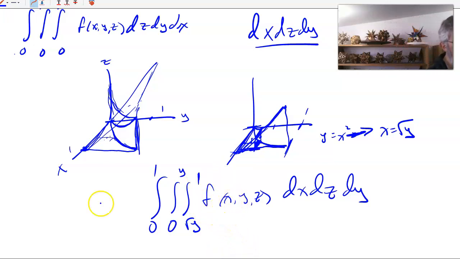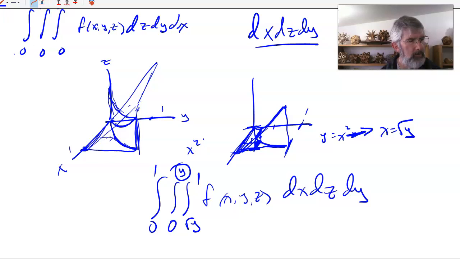Now let me double check that that's what the book ended up with as well. No, it is not. They have right here a z equals x squared. Right there, they have a z equals x squared, which could not possibly be right.